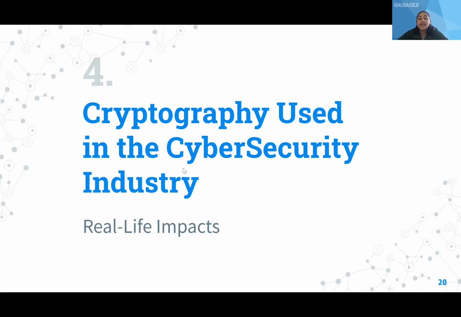And then really quickly, I know that this was supposed to be the cybersecurity related workshop, so I wanted to tie in how cryptography is used in the cybersecurity industry. Cybersecurity is safeguarding your identity, your data, your computer against online attacks, and cryptography is used to safeguard your data through encryption.